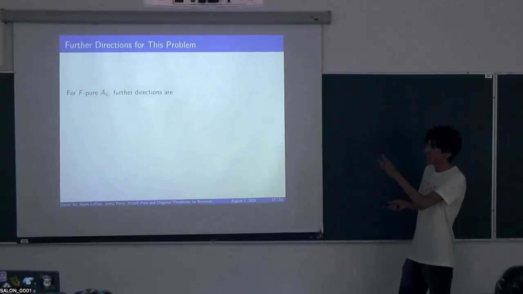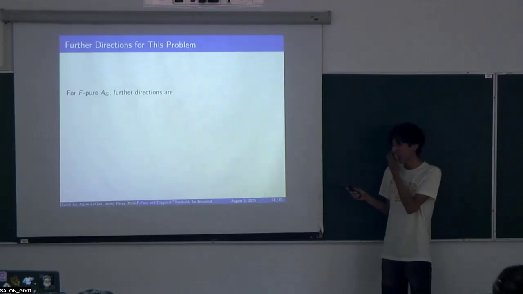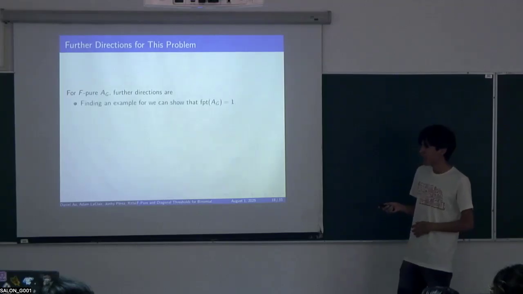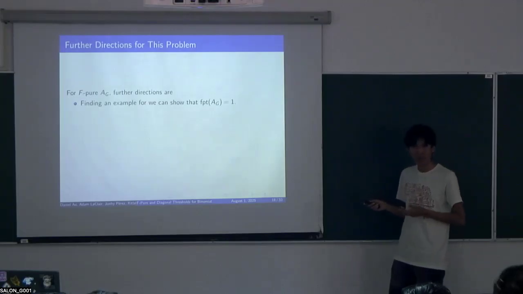And we have some further directions that we would like to continue for this problem. For a graph G such that the ring AG is pure, we would like to find an example where we can show that the threshold is equal to 1. We have some examples where we suspect that it is one, but none in which we can actually prove that it is one.